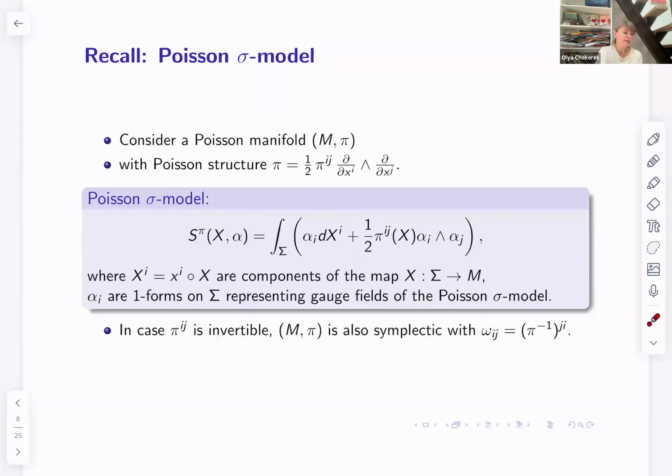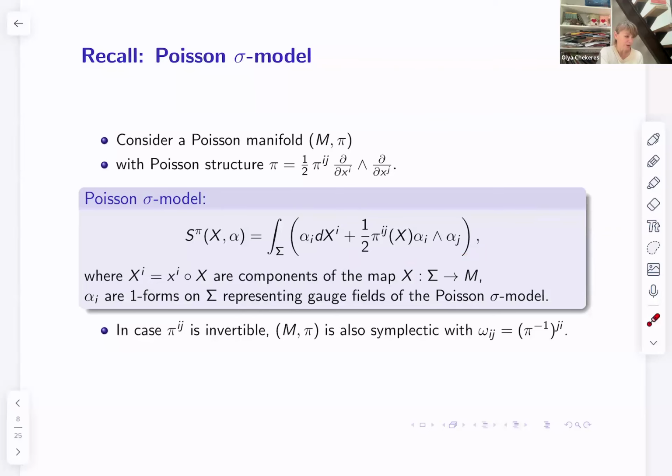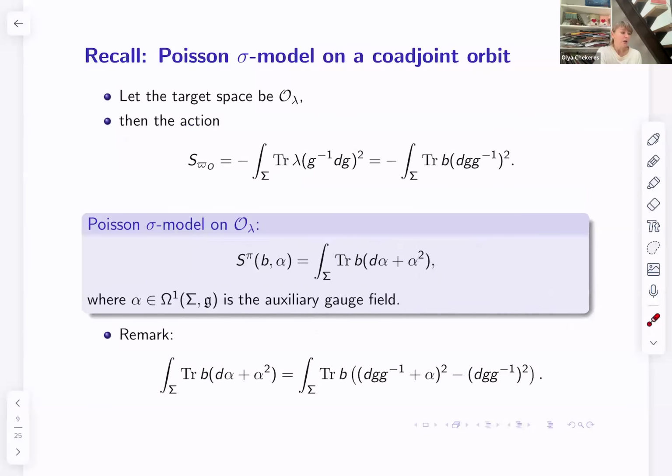In case this Poisson structure is invertible, the Poisson manifold can be considered symplectic as well. And then on the quadrant orbit, which is symplectic and Poisson at the same time, since there is a linear Poisson structure given by the structure constants of the dual to the Lie algebra.